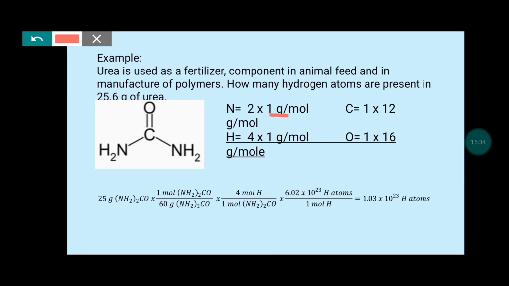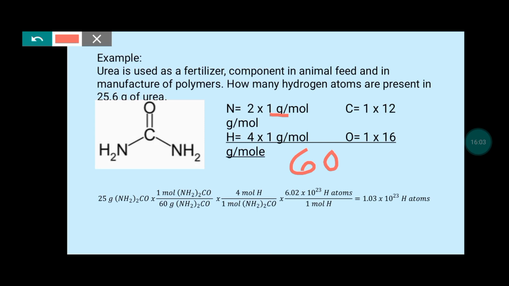So, 28 plus 4 is 32, plus 12 plus 16. So, this is 60 gram per mole. And then, we will use this molecular weight to compute the hydrogen atoms in our 25.6 gram of urea.